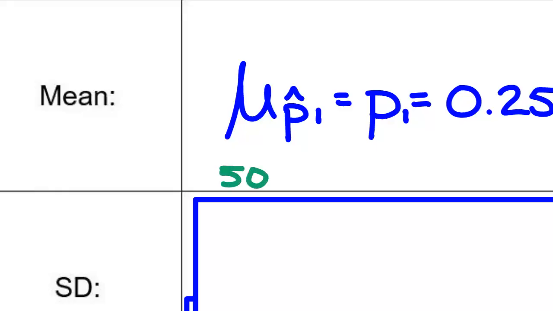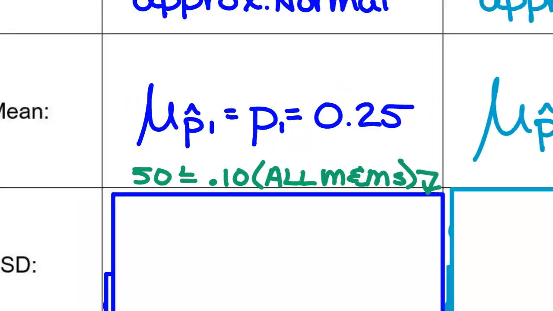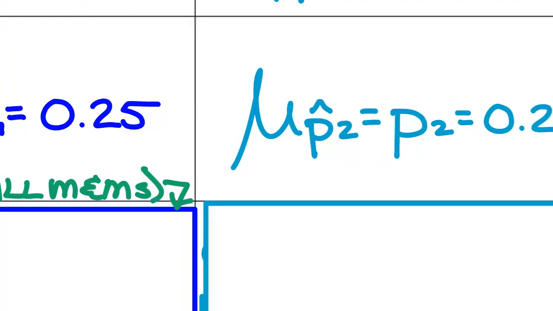50 is less than or equal to 10% of all M&Ms. Is that a fair assumption? Yes. How do I check 10% for Skittles?